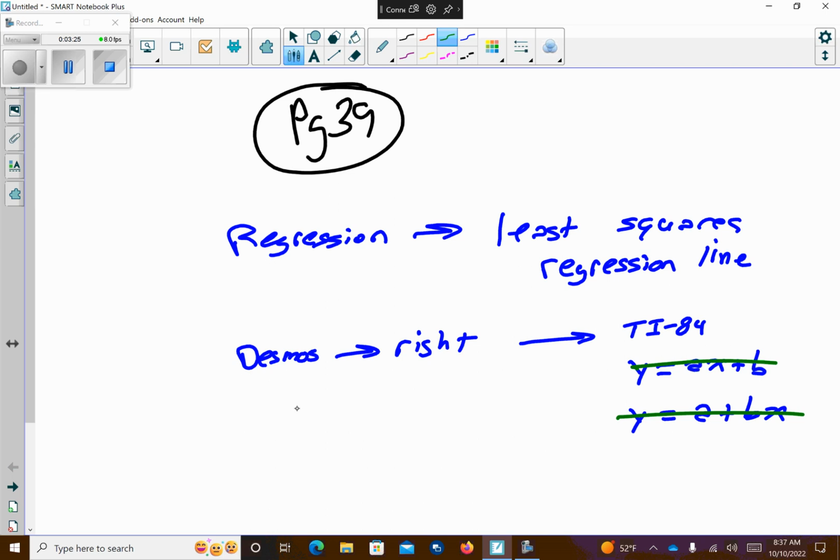They do have an equation that they like to use. They call it y hat, and we're just going to call it mx plus b. The y hat means, the caret means this is predicted. Now, the prediction on these is great.